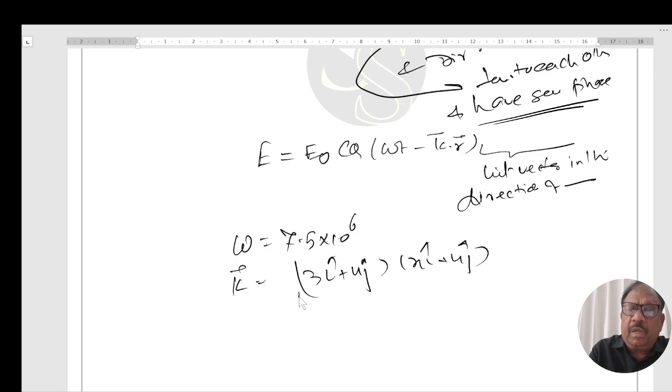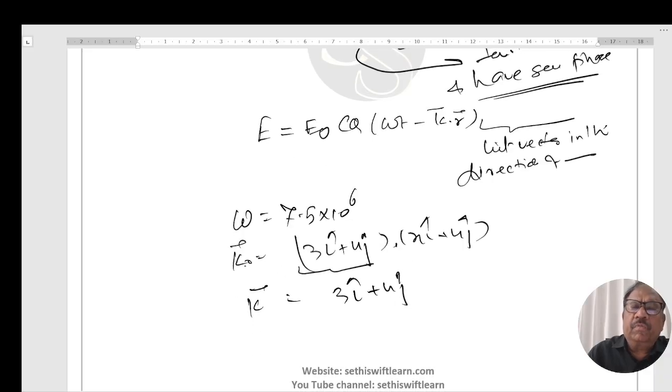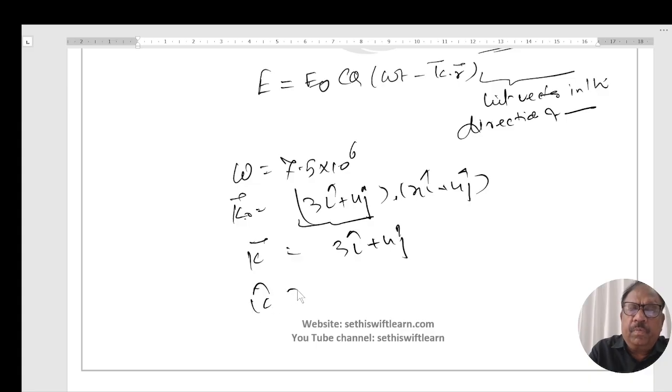So the k vector will be like this. This is k dot r. So the k vector is equal to 3i plus 4j. Therefore, the unit vector in the direction of the electric field will be 3i plus 4j divided by 5.